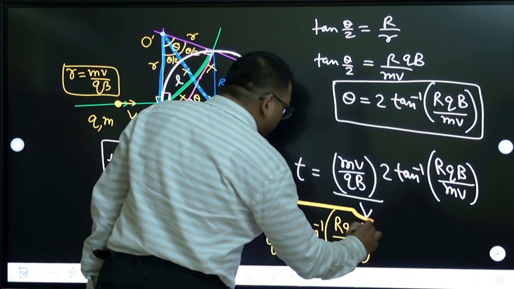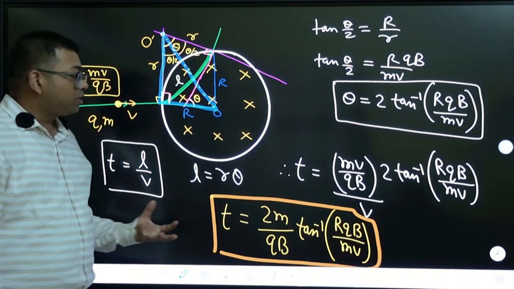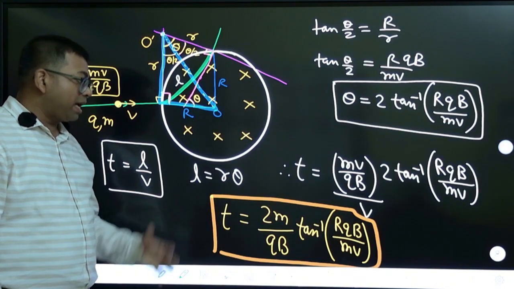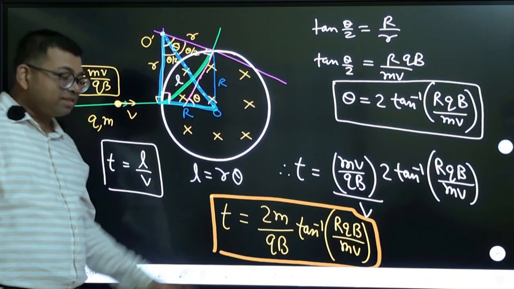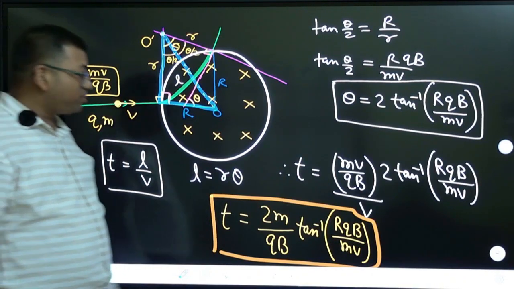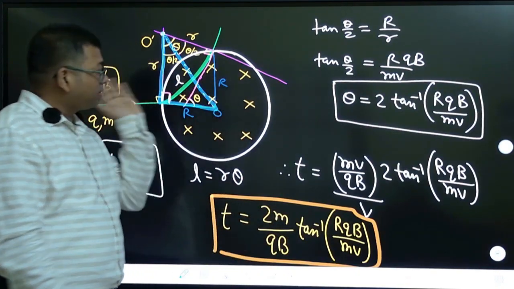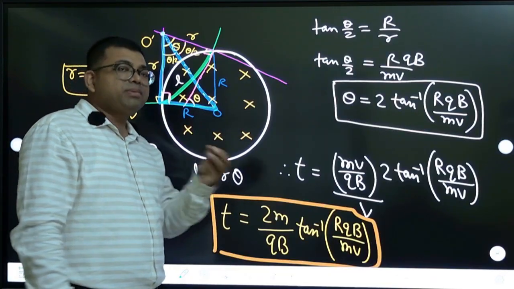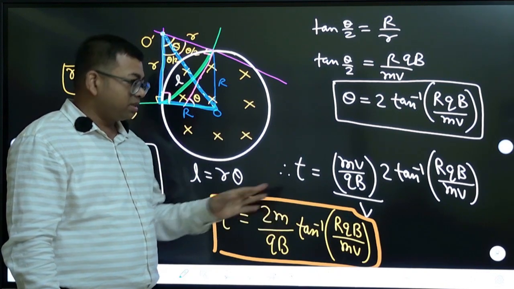This formula is a very nice formula because it can help us to understand what is the time spent and how does the speed affect the time. Now very important, suppose you increase speed, what happens? Let us say some different particles are thrown, similar kind of particles, same charge, same mass, but speeds are different.